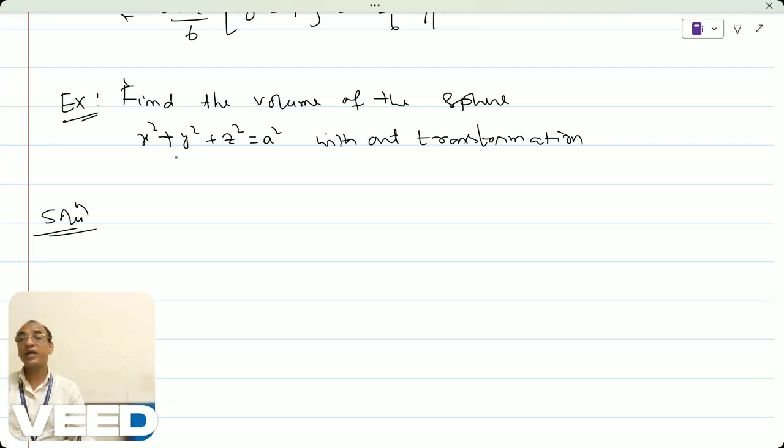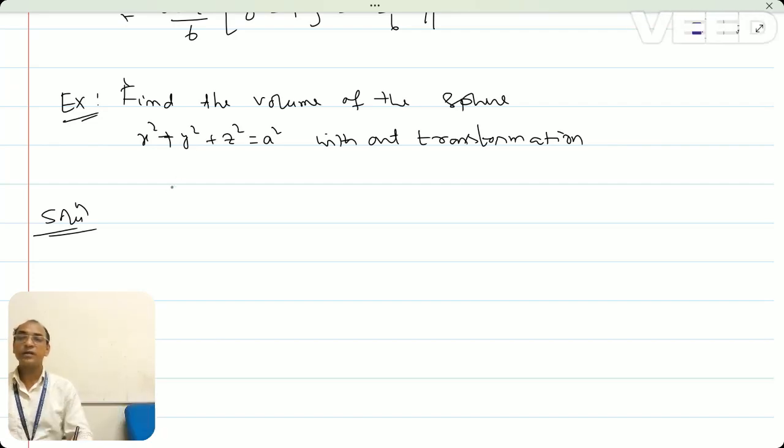So it will have 8 octants. So first we will evaluate the triple integral in the first octant, and we will multiply it by 8, then we will get the volume of the total sphere.